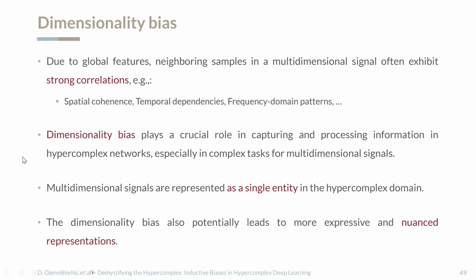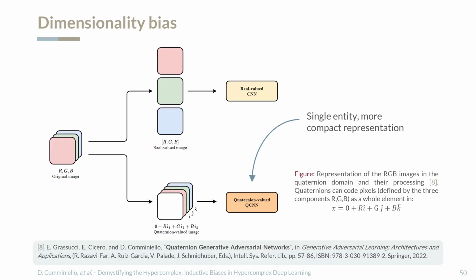For instance, the dimensionality bias is very important because, as said before, if we increase the dimensionality, we can have a larger representation of the signal, but also a significant reduction of the parameters.